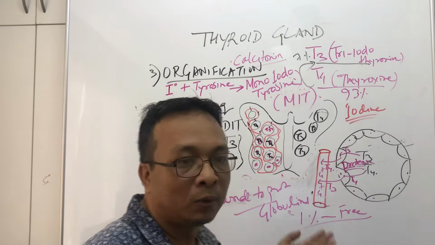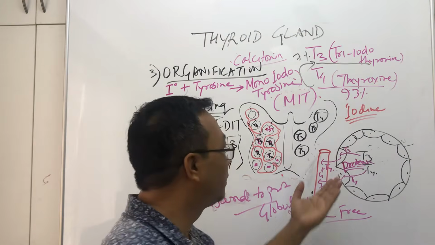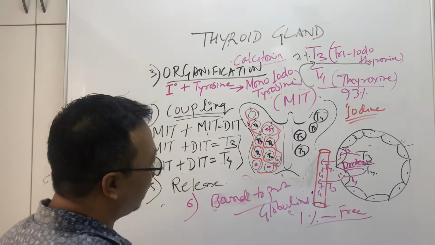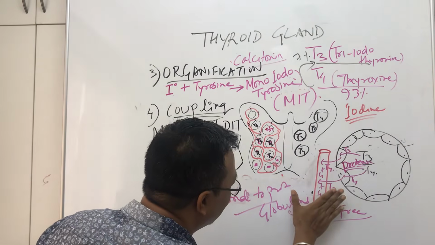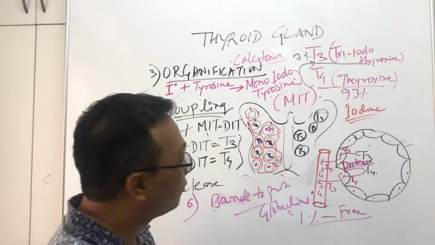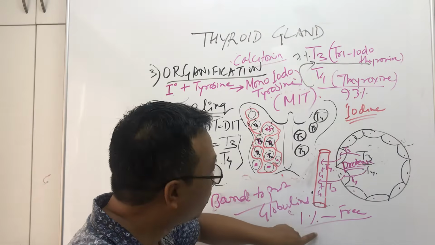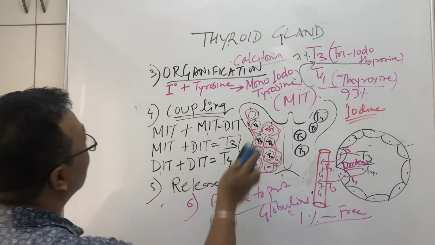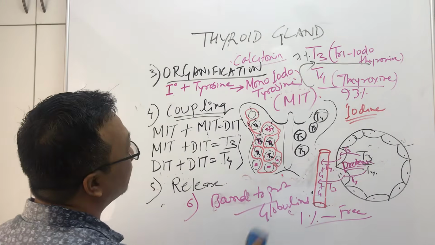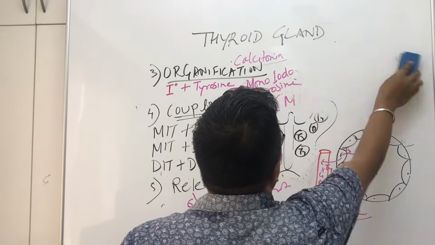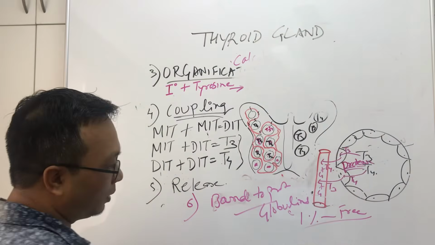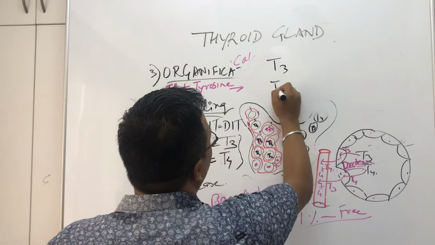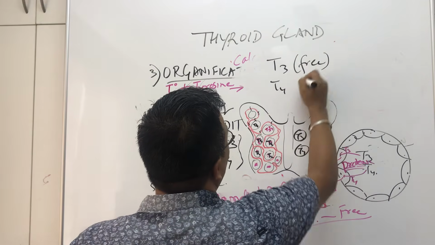Remember that. Because you know that free people can do more work than committed people, because they are free, their mindset is free. In the same way, this 1% of the T3 and T4, lying free in the blood, does the main action. That's why when we do the thyroid function test and analyze the thyroid hormone in the blood, you will see in the report that T3, T4 will be written, and in the bracket it will be written free.